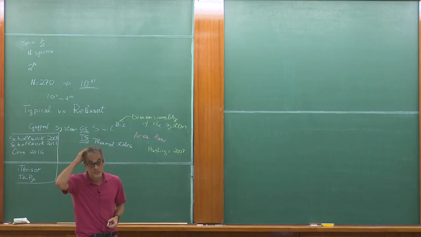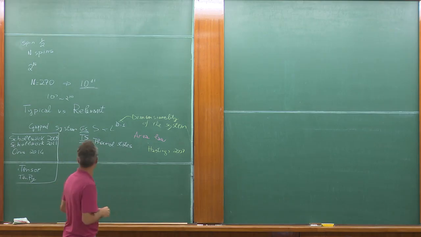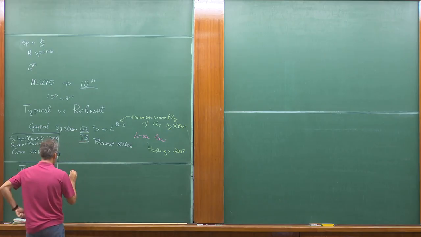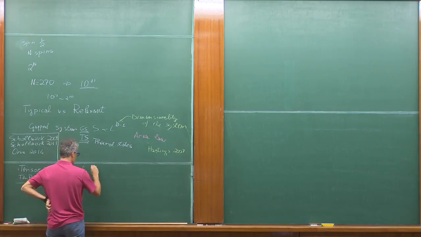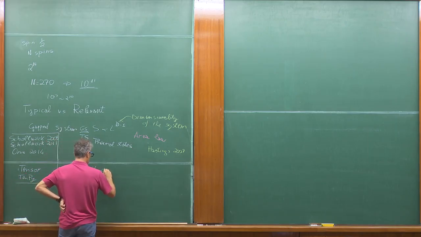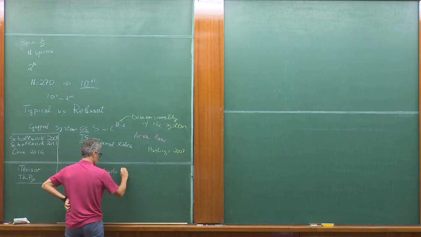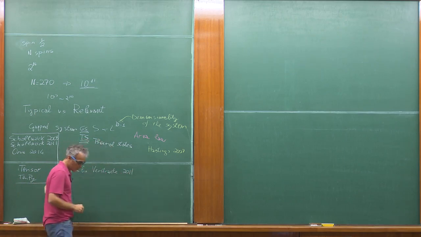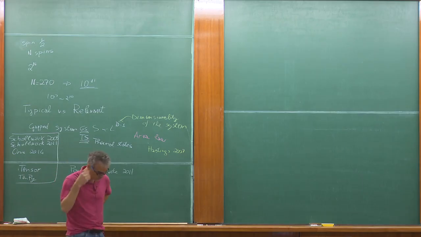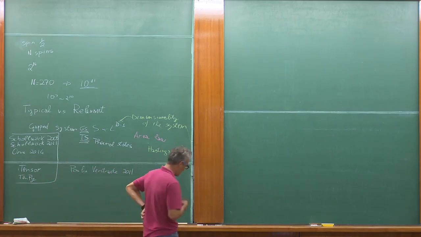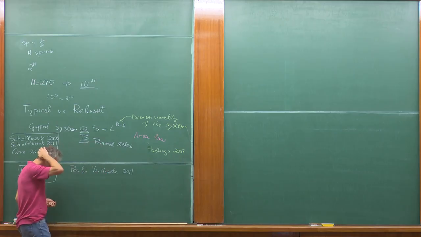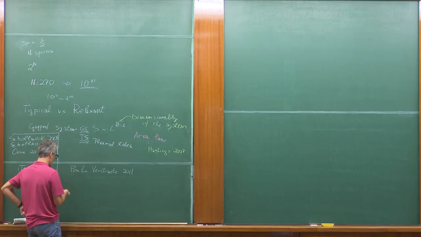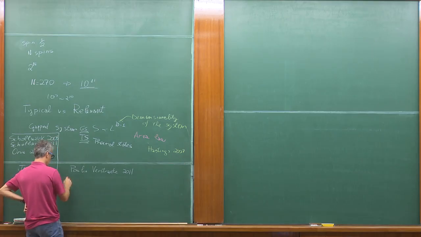Now, the thing that is interesting is that there was also this nice paper in 2011 by Poulin and Verstraete, where they talk about the illusion of the problem of the exponential increase of the Hilbert space. And I think the main argument is this. Let's say you start from a simple state, maybe a product state.